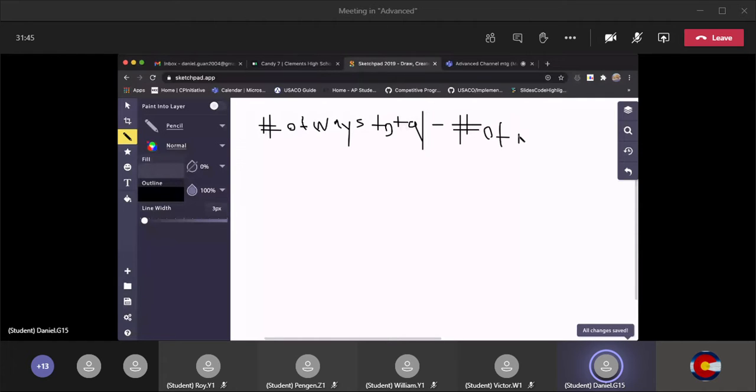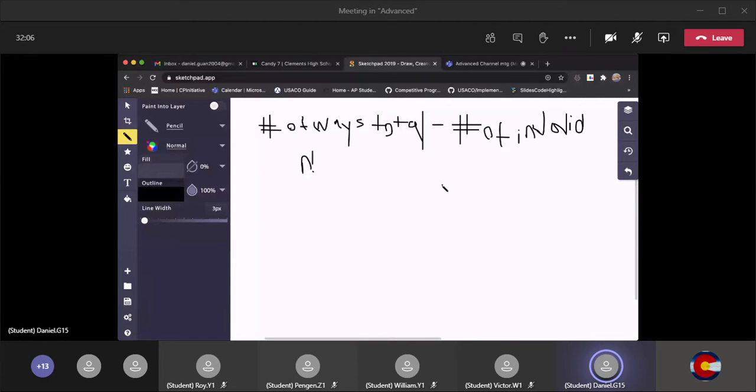And invalid means that there's at least one position where it has its starting candy. So how do you do this? The total number of ways is simply n factorial, because that's the total number of permutations of n items.